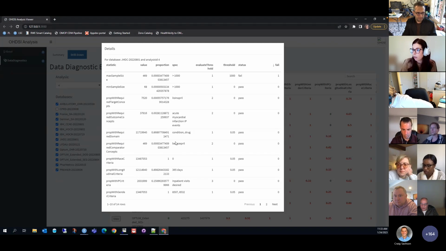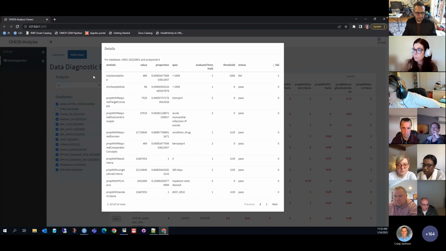And really, this is because there are very few exposures of benazepril in JMDC. Now, JMDC is a Japanese claims data set, so it's very possible that this drug is just not used very often in Japan. But you can quickly see, oh, this would not be the right database for me to study benazepril.